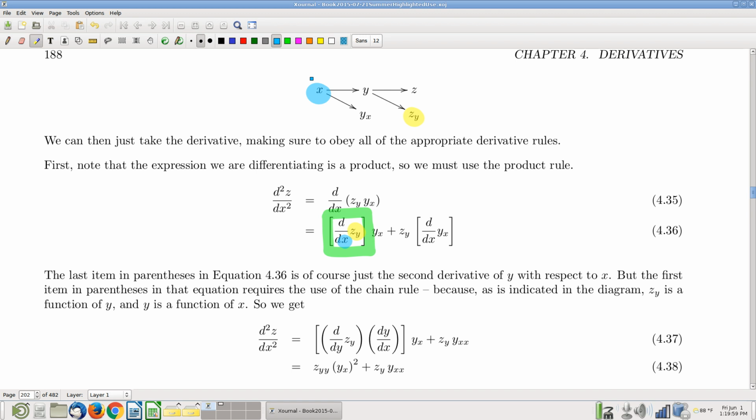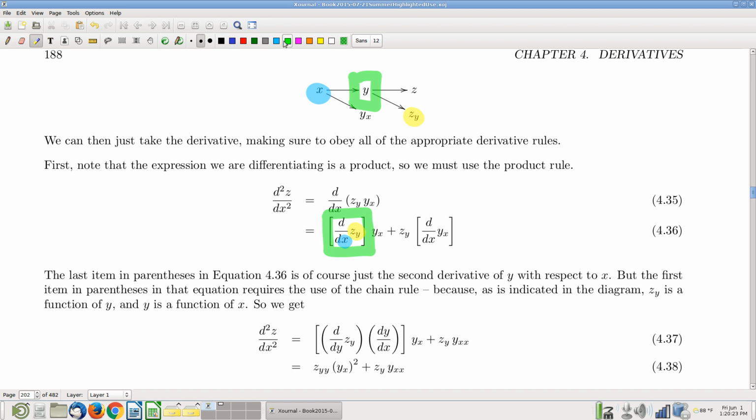We can see right here that this derivative of z sub y with respect to x is the derivative of a composition. And so in order to make sense out of this expression, we have to use the chain rule to simplify that out. Conveniently, there's only one intermediate variable. The intermediate variable is just y.